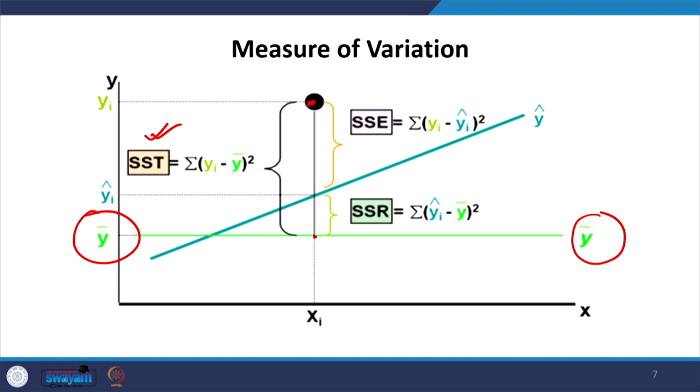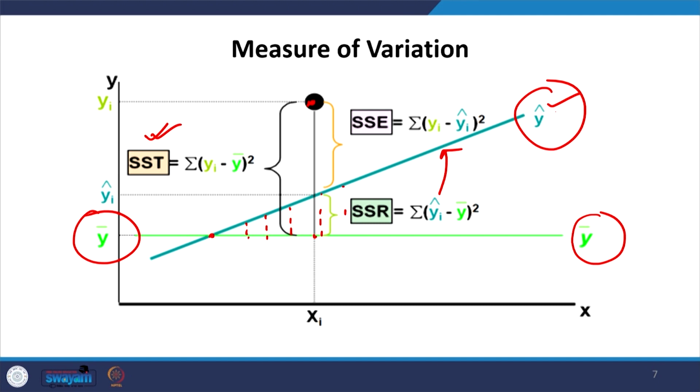The trend line or estimated values are called y hat, the mean of your estimated values through the regression, minus the total mean, which is constant, mapped here as y bar. Each difference value of y hat from y bar is the regression sum of squares.